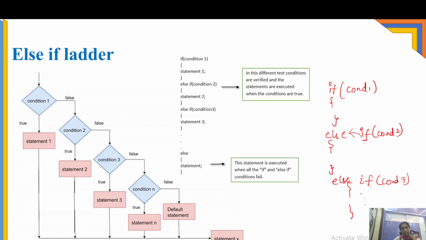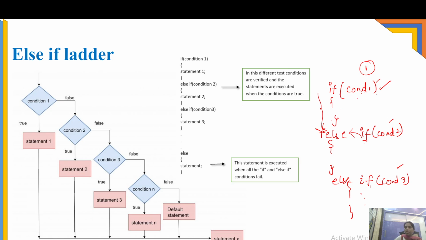For example, among all these conditions, only one condition will be true. See here, if condition 1 is true, will it go to the else part? No, right? It will stop right here.